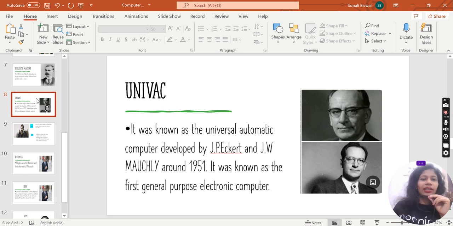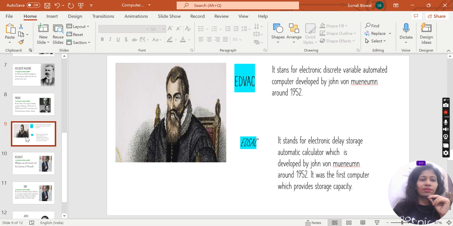Next is EDVAC. It stands for Electronic Discrete Variable Automatic Computer, developed by John von Neumann in 1952. Next developed was EDSAC, which stands for Electronic Delay Storage Automatic Calculator, developed around 1952.